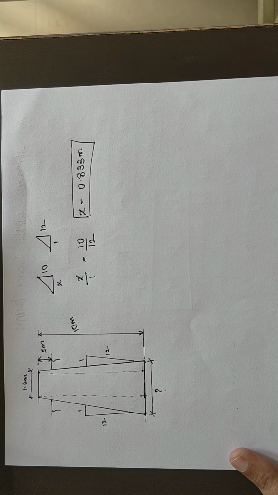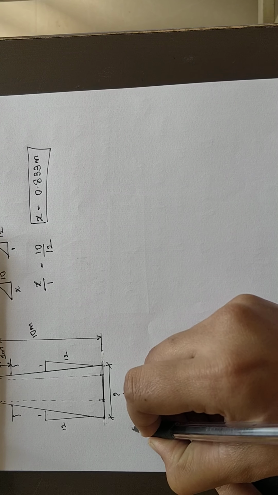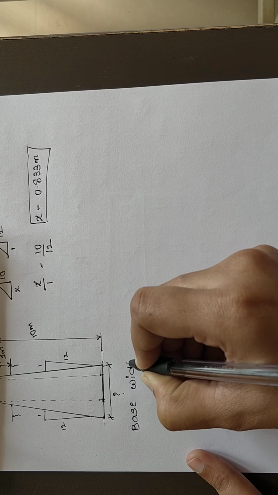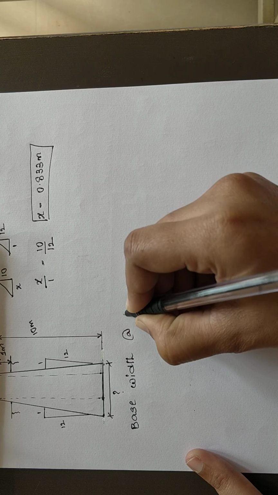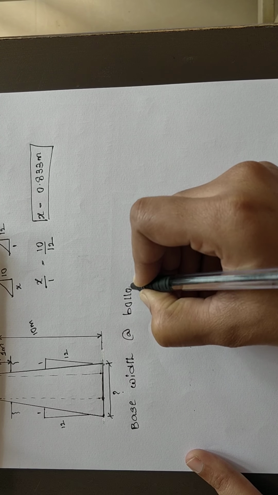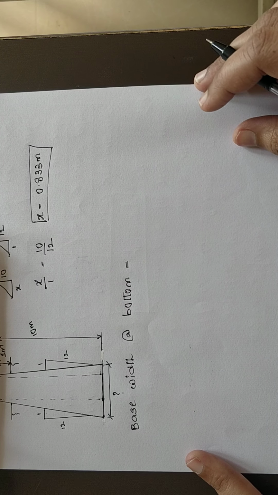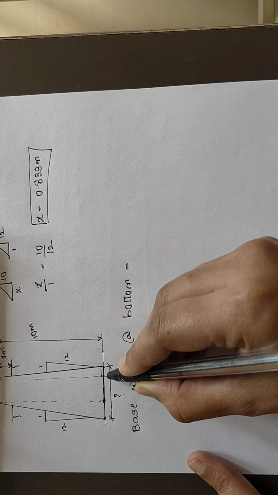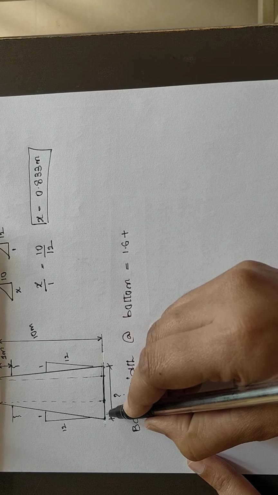Once you calculate the x value, go for base width calculation. Base width at bottom will be equal to the top width, the distance from here to here, 1.6, plus x value on either side.